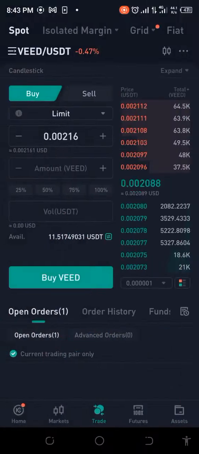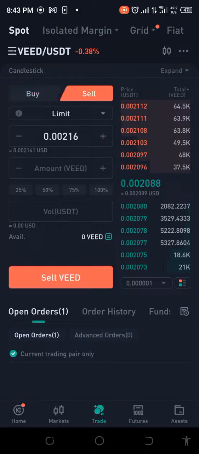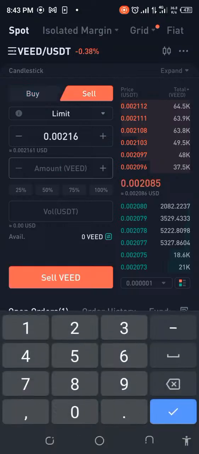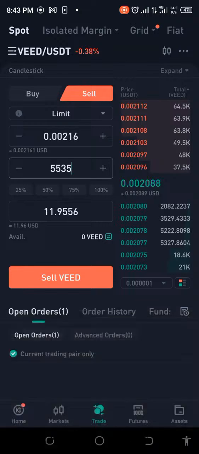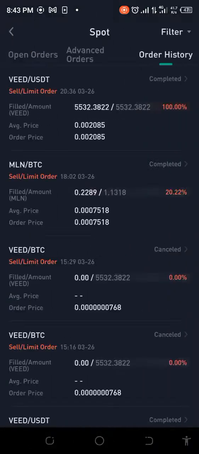Let's just even see. Oh God, this is interesting. 21.60, and I put it at sell and I put 5535 or something like that. I could have made 11.95, an extra 40 cents. Oh my gosh. Let me confirm that again. This could have been so much more.